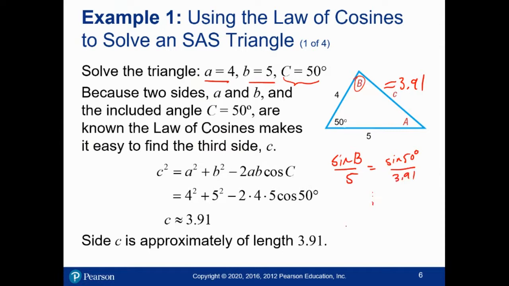So now the sine of B is 5 times the sine of 50 degrees over 3.91. Now maybe we pull out a calculator. I'm just going to open another tab and use Google. 5 times the sine of 50 degrees over 3.91, and we get 0.979. Okay. So the sine of B is 0.979.